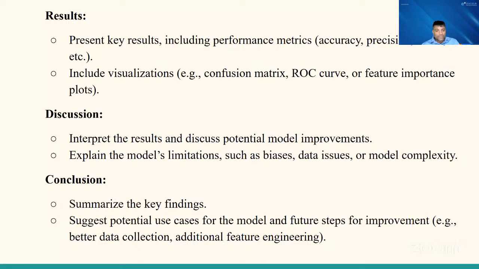And then we conclude by identifying the key findings. In the key findings we also identify the potential phases for improvement in the future, or potential steps we can take for improving.